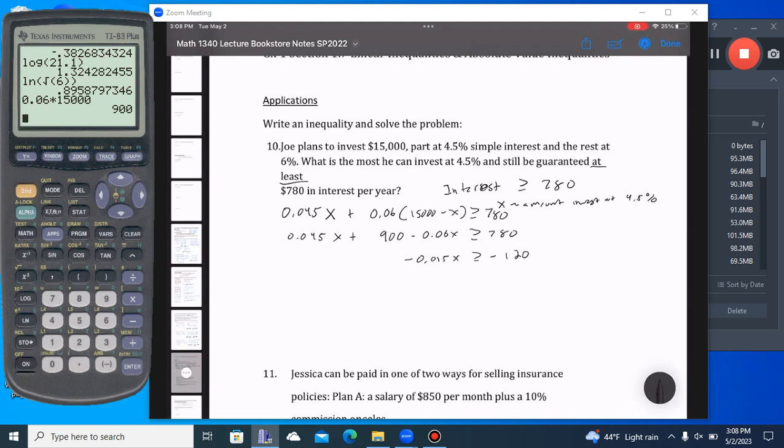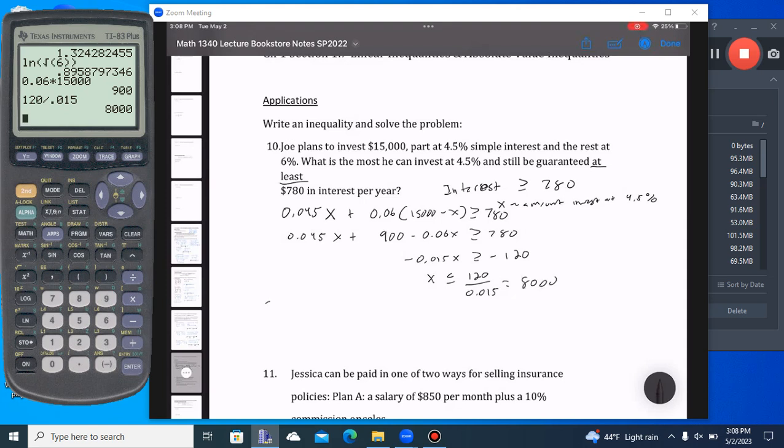And then when we divide by the negative 0.015, we get x is less than or equal to, we have to flip that, 120 over 0.015. Negatives will cancel out, but you still flip the inequality. 120 divided by 0.015 gives 8,000.